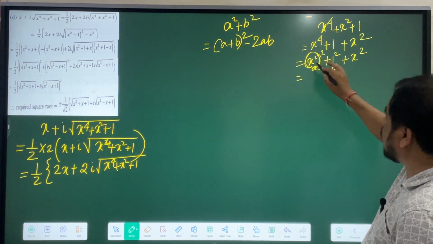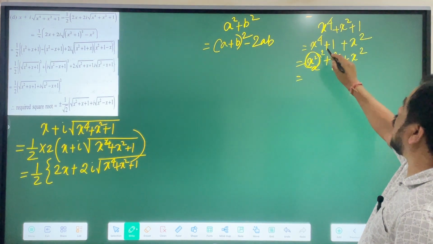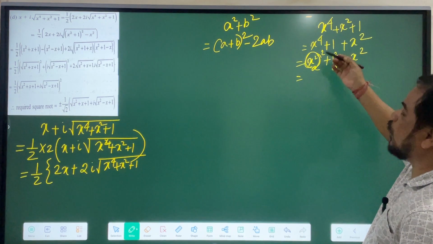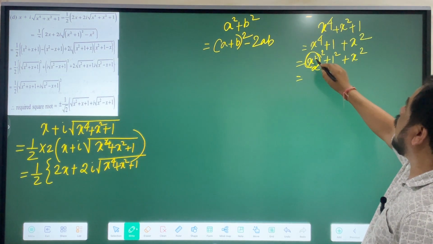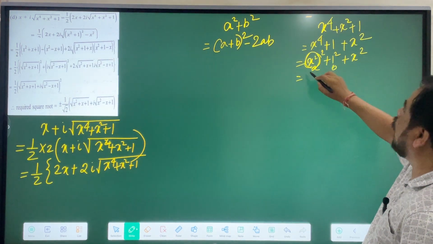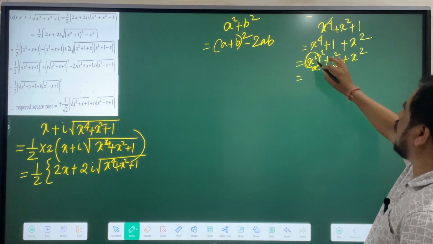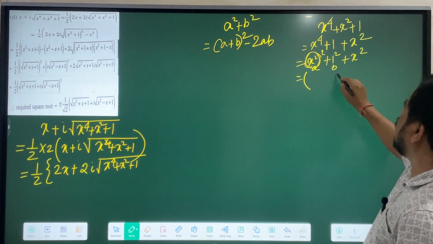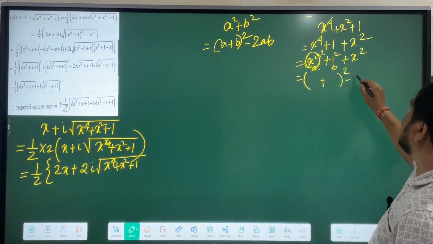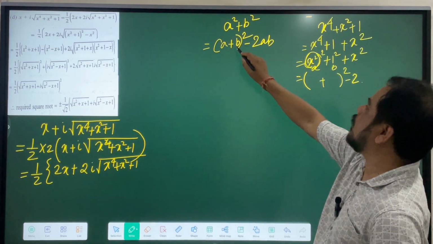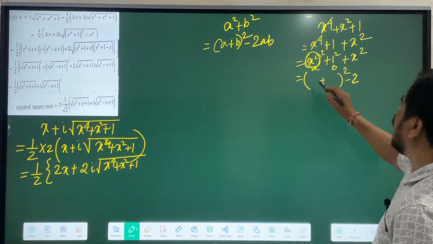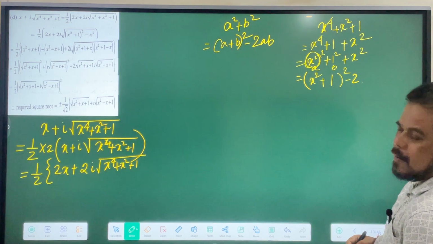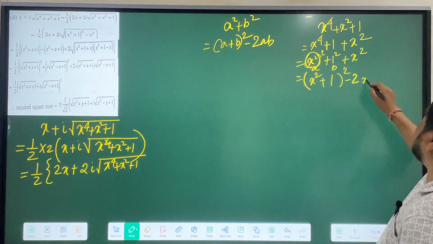a square plus b square. What is a? x square is a. a square is how I am reading, how I am pointing out. You also point out like that, then only you can understand. Whatever is inside the circle, that is a. What is b? 1. So (a plus b) whole square minus 2ab. What is a? x square.